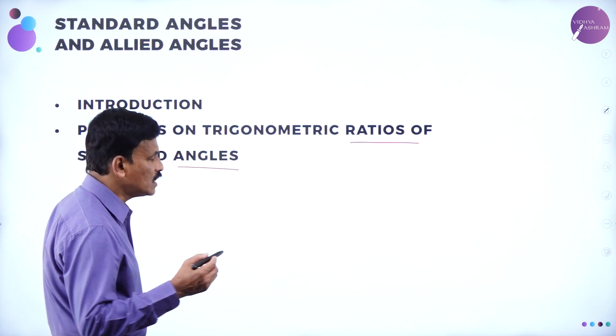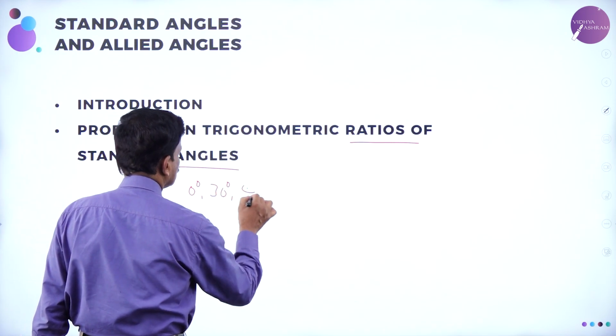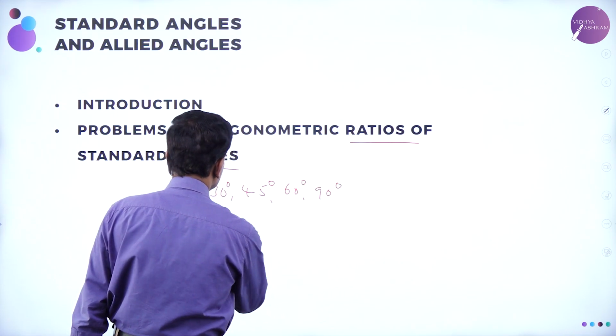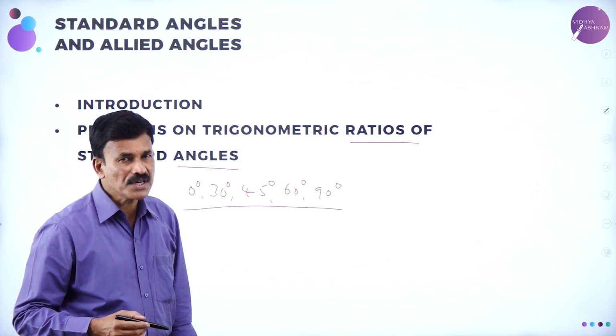Angles like 0 degree, 30 degrees, 45 degrees, 60 degrees and 90 degrees. These are all the standard angles from 0 to 90 degrees, which come in the first quadrant.